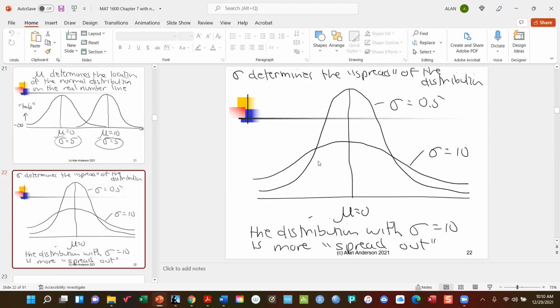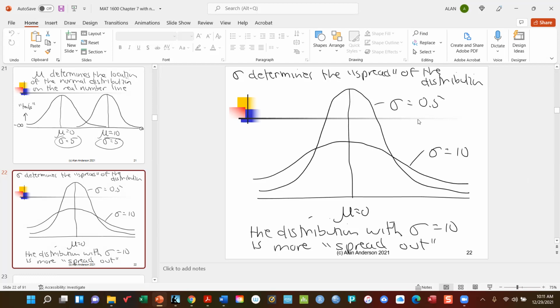And if you notice, most of the area is concentrated fairly closely to the mean. Whereas with the second one, it's very short, but it's much more spread out. Okay, so in the second case, the standard deviation is 10. And that just means that the values are more spread out, which means you're more likely to get very large or very small values than you are in the case of the smaller standard deviation.